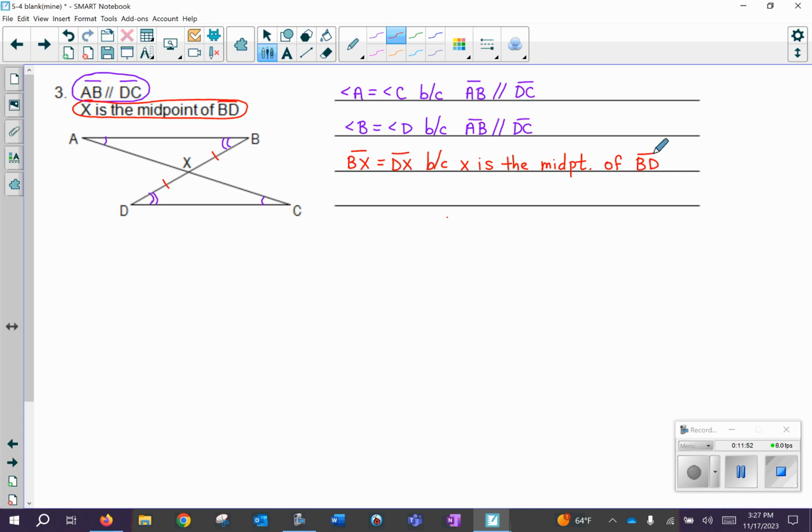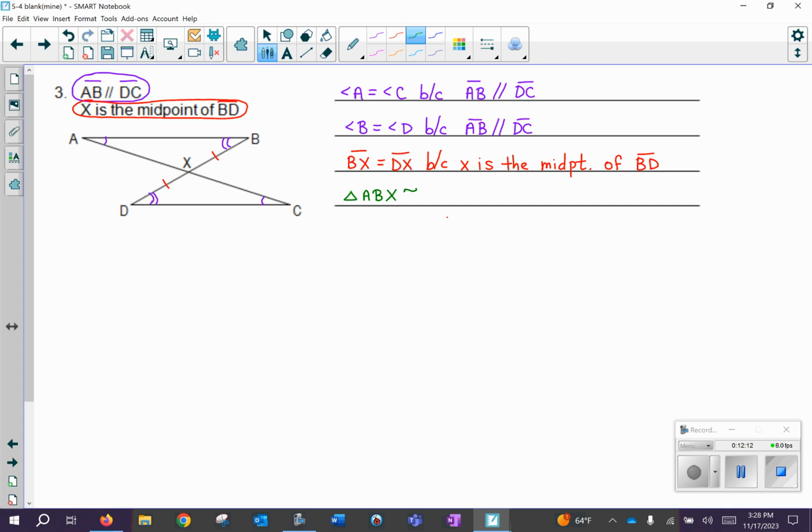All right, well, let's see if we have a conclusion. Is that enough? Well, this would be angle, then side. AAS is something that proves congruency. So the top triangle, in alphabetical order, would be ABX.